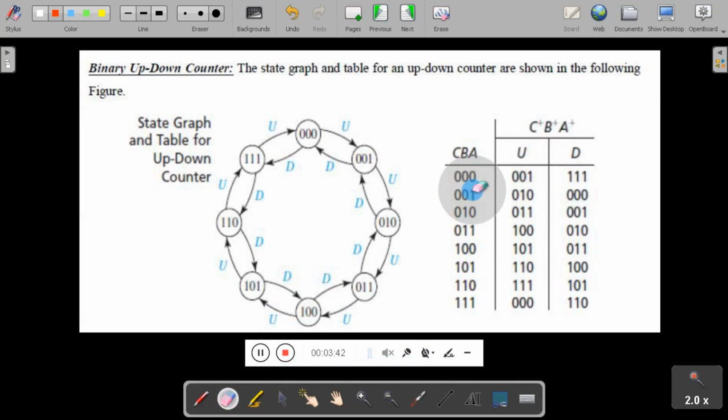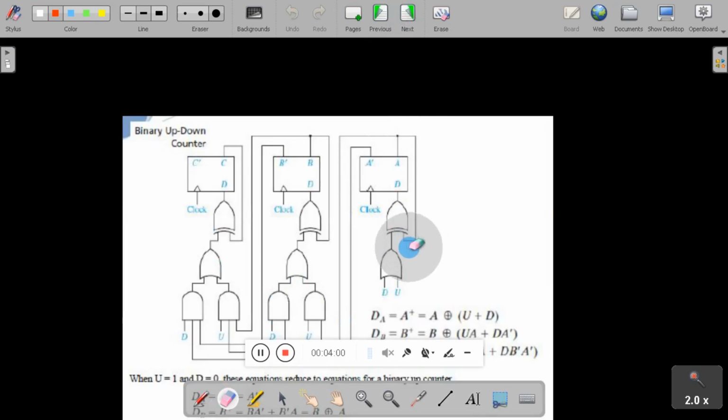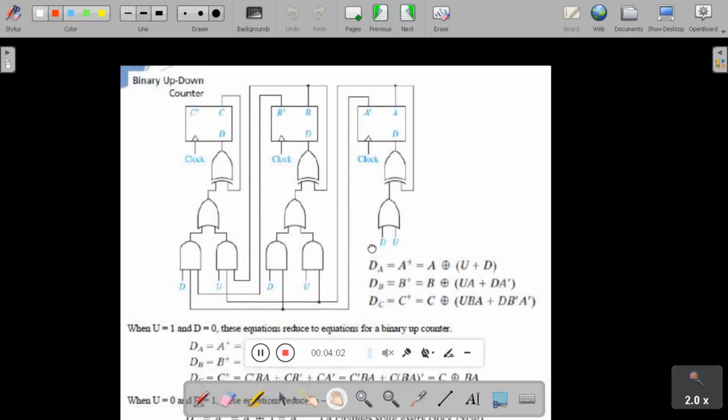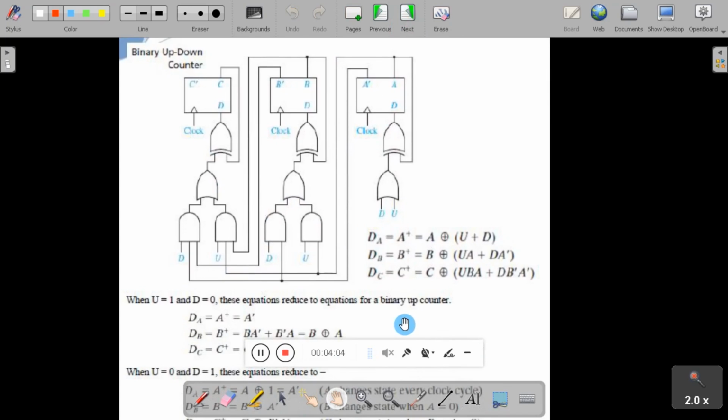After writing the transition table, by using present state and next state, you have to solve this by using K-map. When you solve this using K-map, in the next slide you will get the expressions DA, DB and DC.